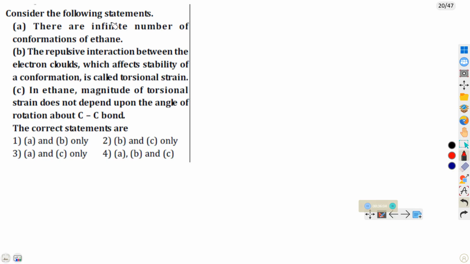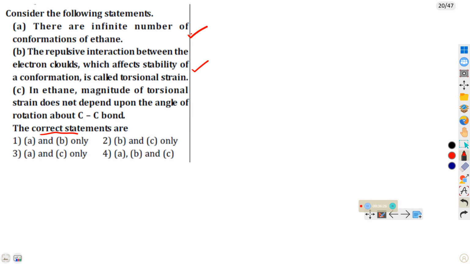Consider the following statements. Identify the correct statements. There are an infinite number of conformations of ethane. This is correct. The repulsive interactions between the electron clouds which affect the stability of a conformation is called torsional strain. Correct.